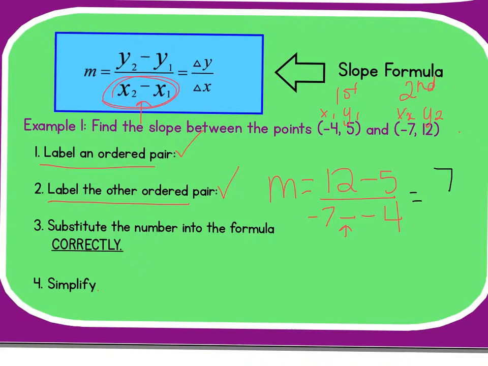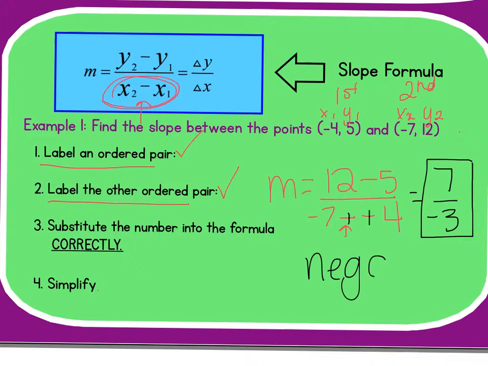And with the bottom, negative 7 minus negative 4, I have to keep it, change it, flip it. Negative 7 plus 4 is negative 3. So if I look at this slope right here, you'll notice that there's one negative symbol, which means this is going to be a negative slope. Means you're going to go from your point, you're going to go up 7 to the left 3, and if you were to connect those, it's going to be a negative.